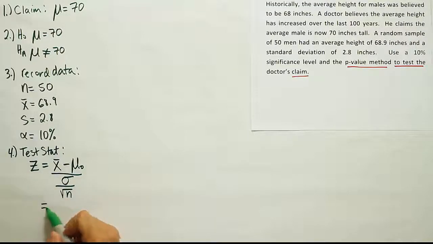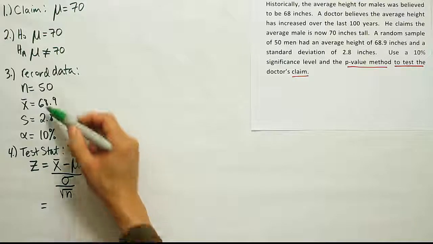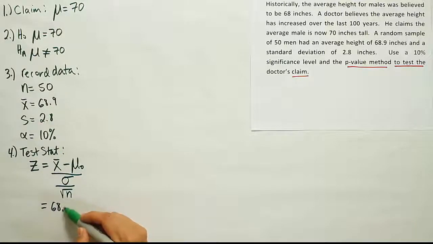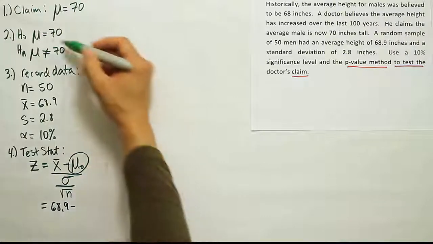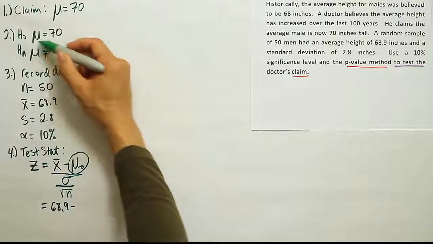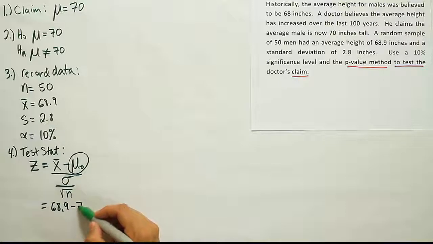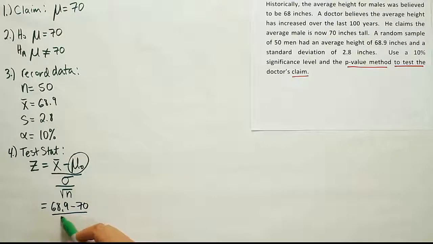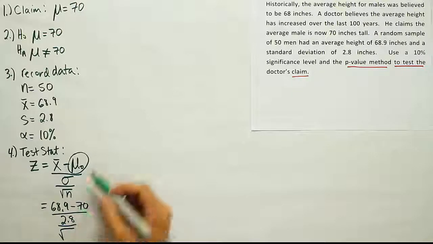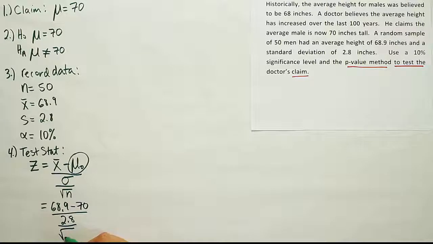For us, x bar is 68.9 minus this value, which comes from H0. Remember the subscript lets us know that we use that number, so we use 70. Then sigma will be substituted by s, so 2.8, and then divide by the square root of n, which in this case is the square root of 50. Okay, so we have our test stat filled in.